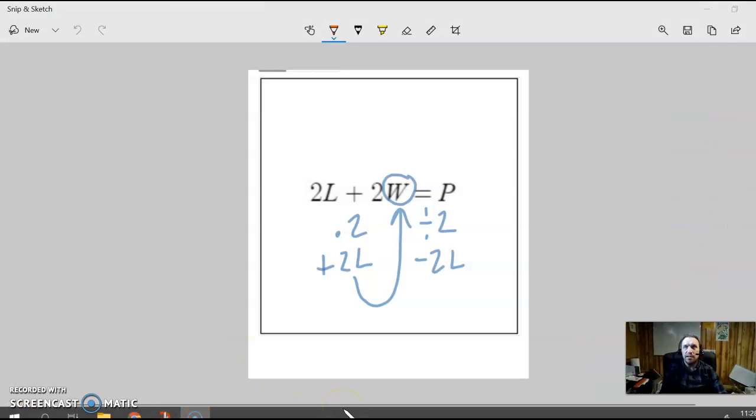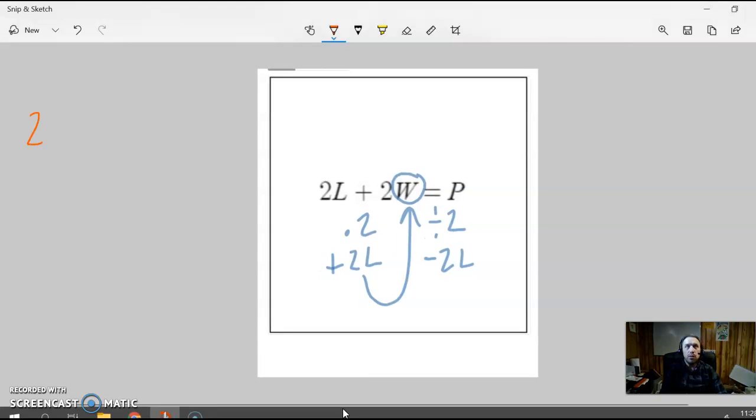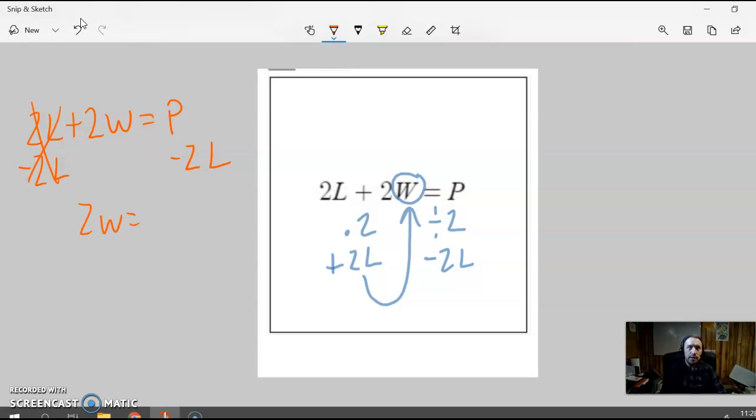And you can walk through the Desmos on your own. So we have 2l plus 2w equals p. Again, if I'm adding 2l, I need to subtract 2l first. You work from farthest away to the closest things happening to our variable. 2l minus 2l is 0, which is always what we want. 2w equals p minus 2l.